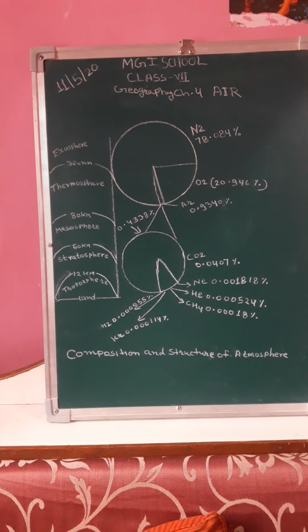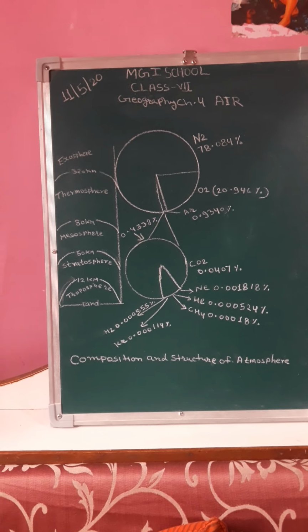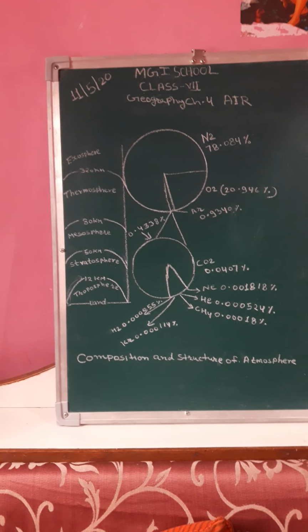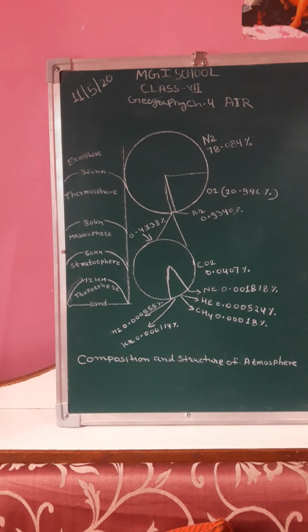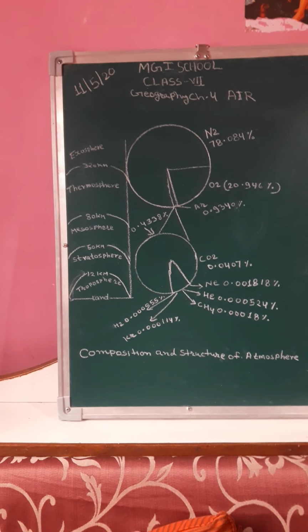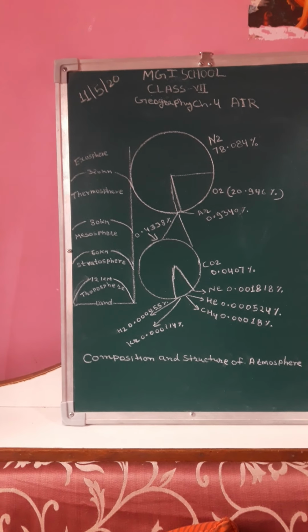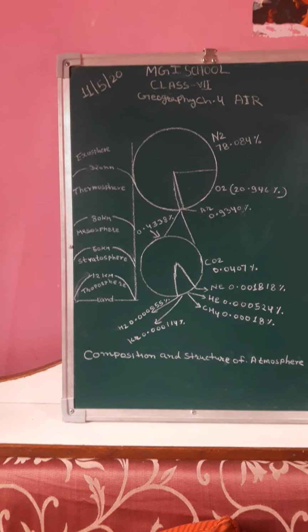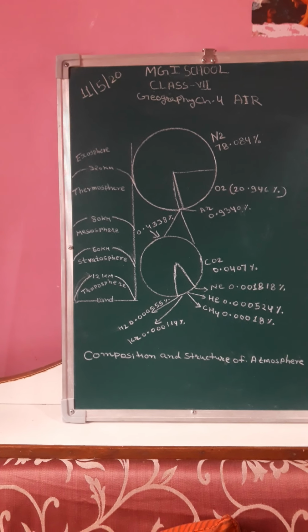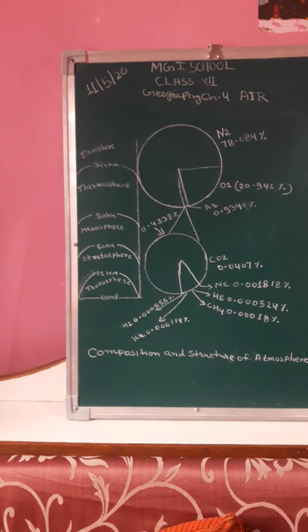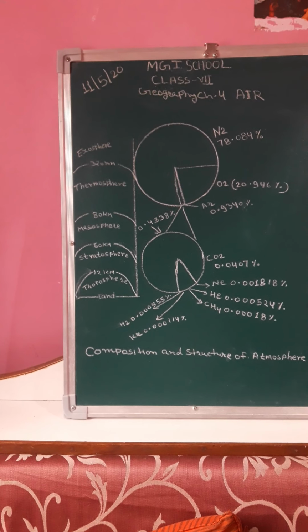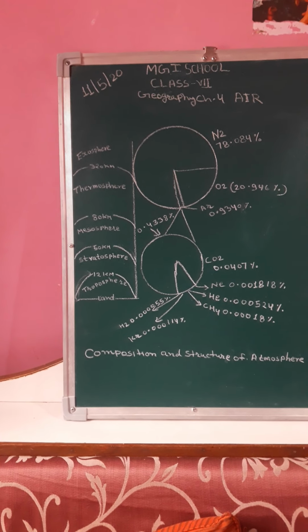Now, I will explain the layers of the atmosphere. When you go from the surface of the Earth and work your way up, the air pressure gradually decreases. It is not a sudden thing. There is no point where space officially starts. So, if it is gradual, how can the Earth's atmosphere have layers? When you go up a mountain, it gets colder. The higher you are above the Earth's surface, the colder it is.